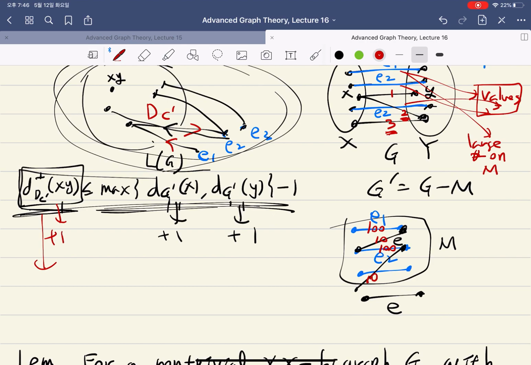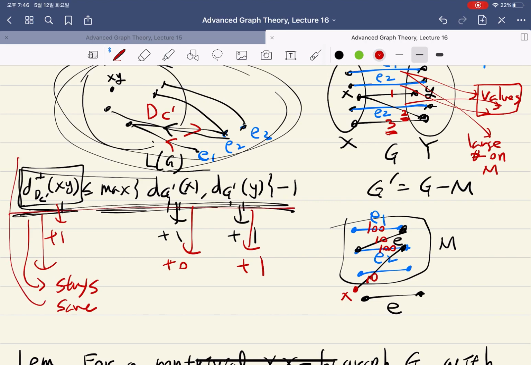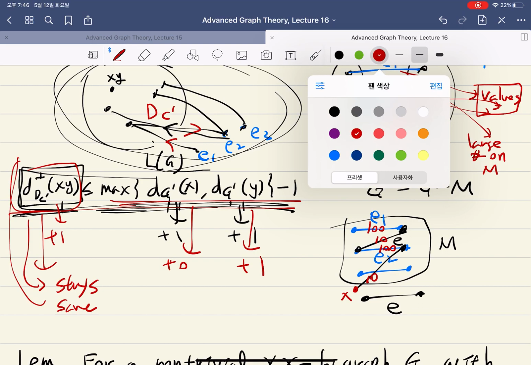Give me a moment. In that case, it's from big number to small number. So this stays same, and this x part stays same, and this part plus 1. So since originally this inequality holds, and this didn't increase by including the black one, and this may or may not increase, so this edge is also okay.